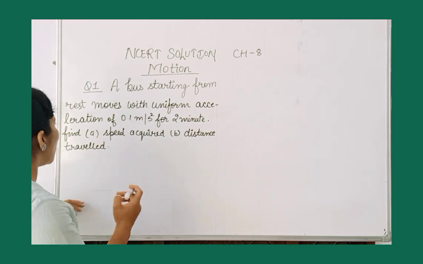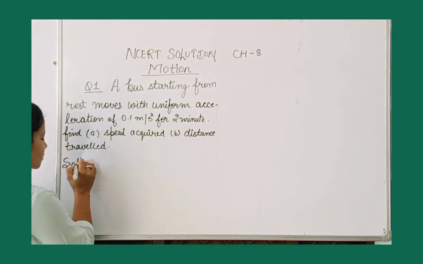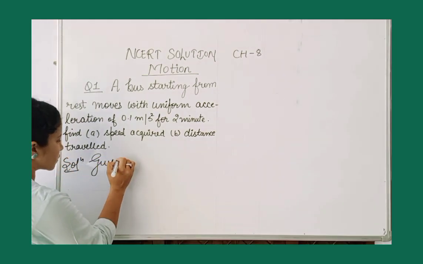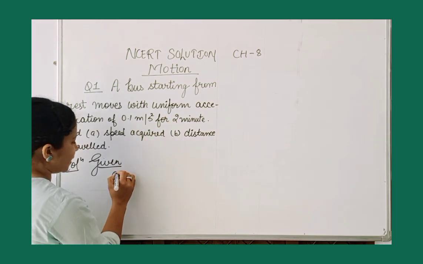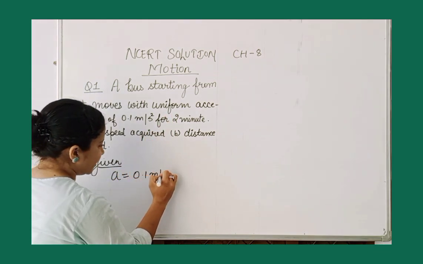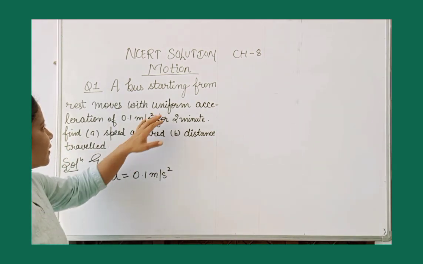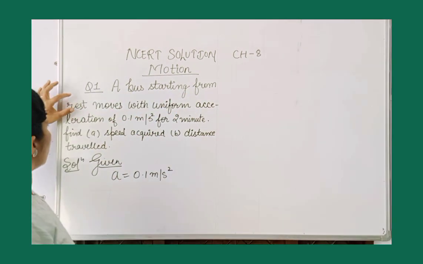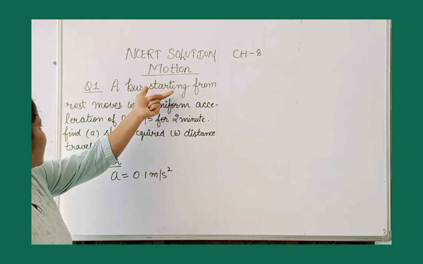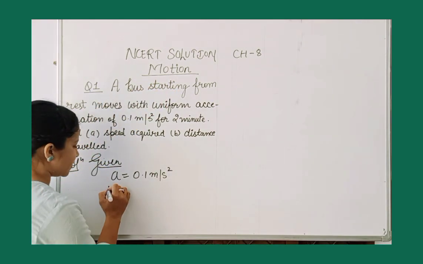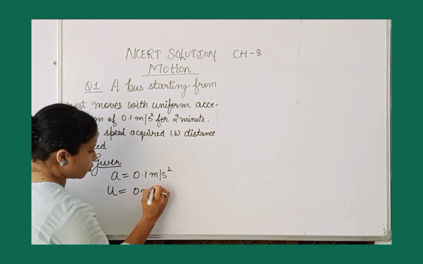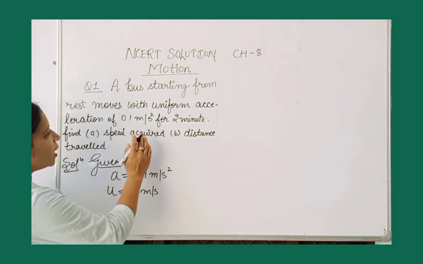So first you have to write the given values. What is given: acceleration is 0.1 meter per second square. Whenever any object is starting from rest, it means its initial velocity should be 0, that is 0 meter per second.